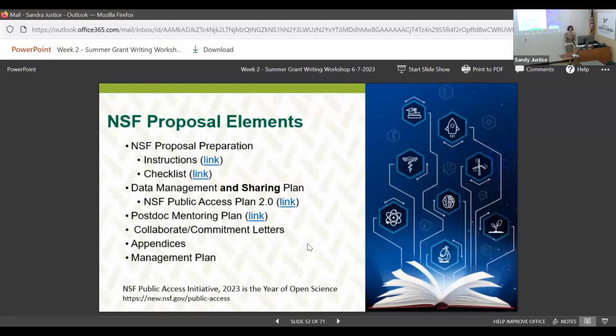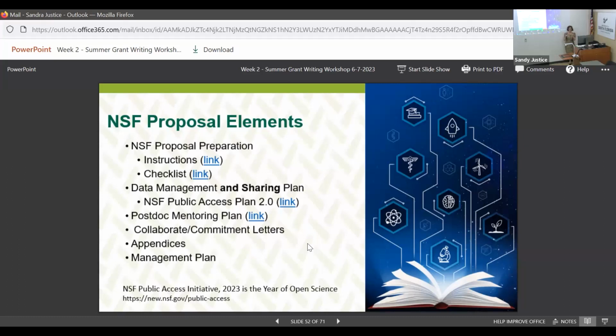And when you're thinking about your elements of your grant, which are many, you want to create a plan in the beginning that says, here are all the elements of my grant. These are all the things I need to do. If you're working with a team, then you say, here are the 26 things we need for our project, and who can help do this?